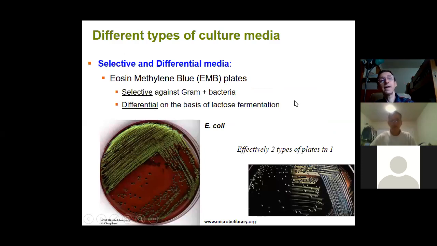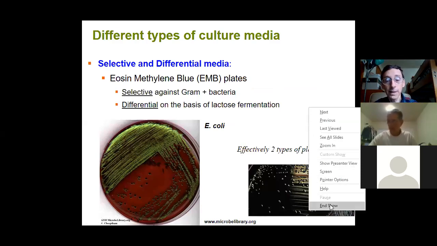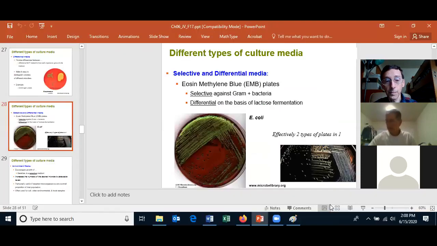Now I said there's selective media and there's differential media where you can have them together in the same plate, and that we call selective and differential media, where it's both selective and differential. Eosine methylene blue is a selective and differential media.